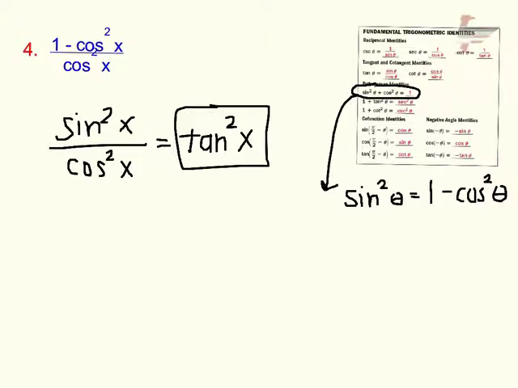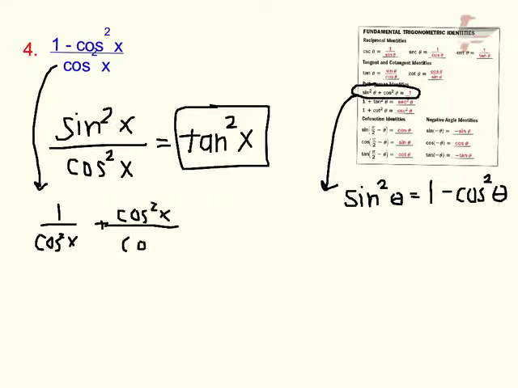Another option, and I don't know if you saw this necessarily, but if I write both of the numerator pieces over its denominator, I'd have 1 over cosine squared minus cosine squared over cosine squared. Okay, so then this is just 1. This is really secant squared, right, the reciprocal. So I have secant squared minus 1.